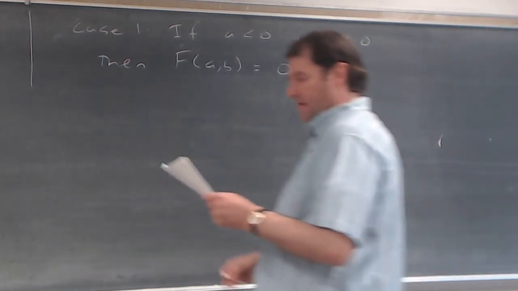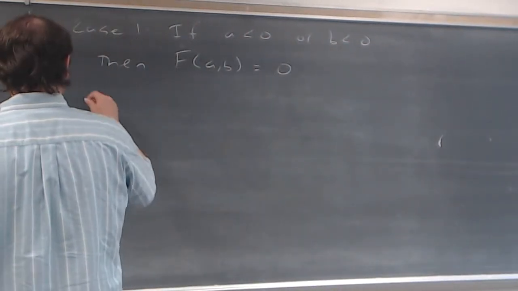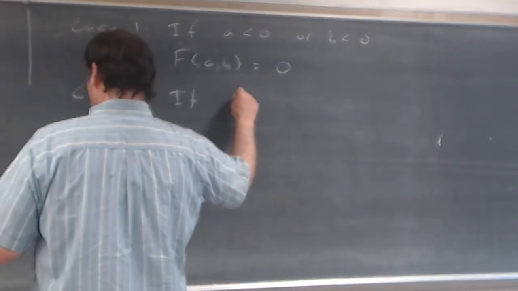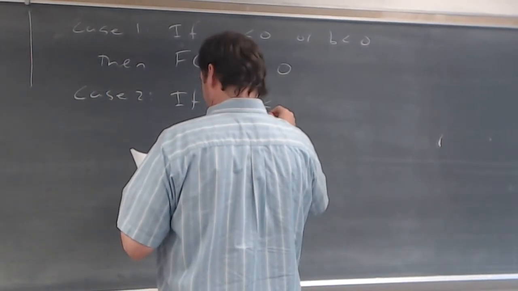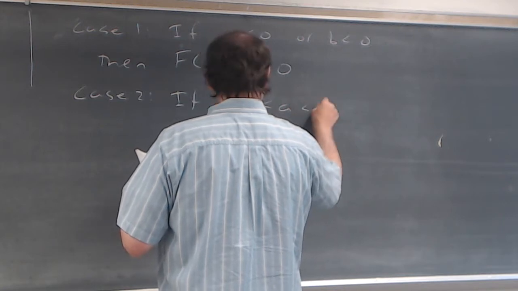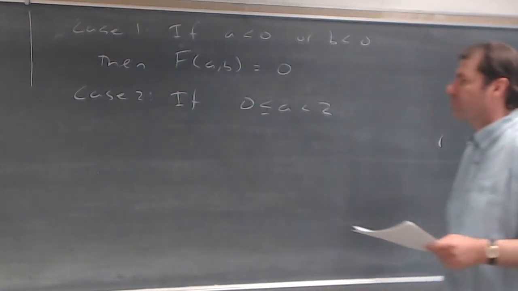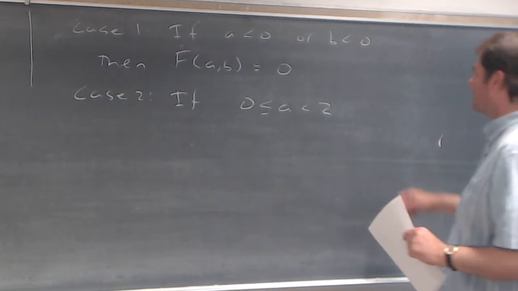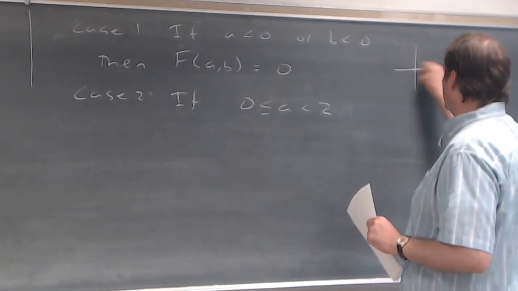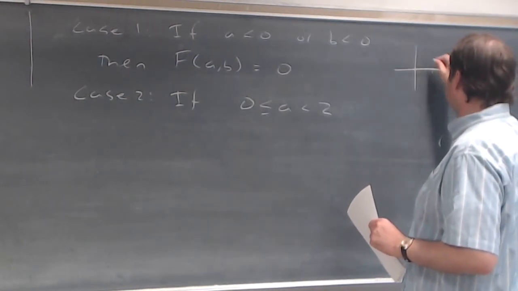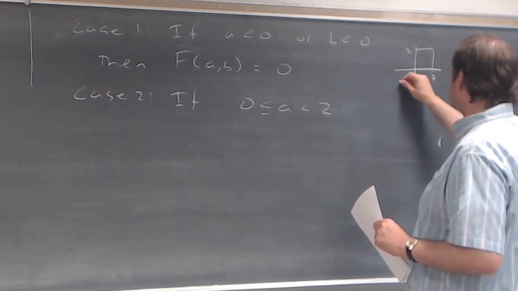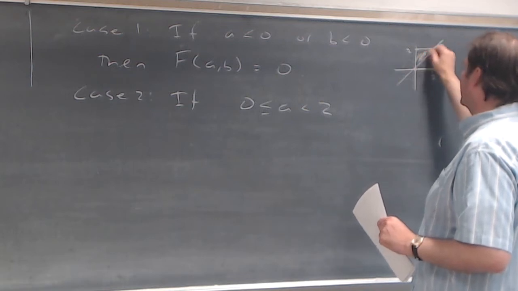Now let's look at case 2, where a, representing x, is greater than or equal to 0 but less than 2. The reason I'm picking that range is because of the way the joint PDF is defined. Don't forget, the joint PDF is 0 everywhere except for here.